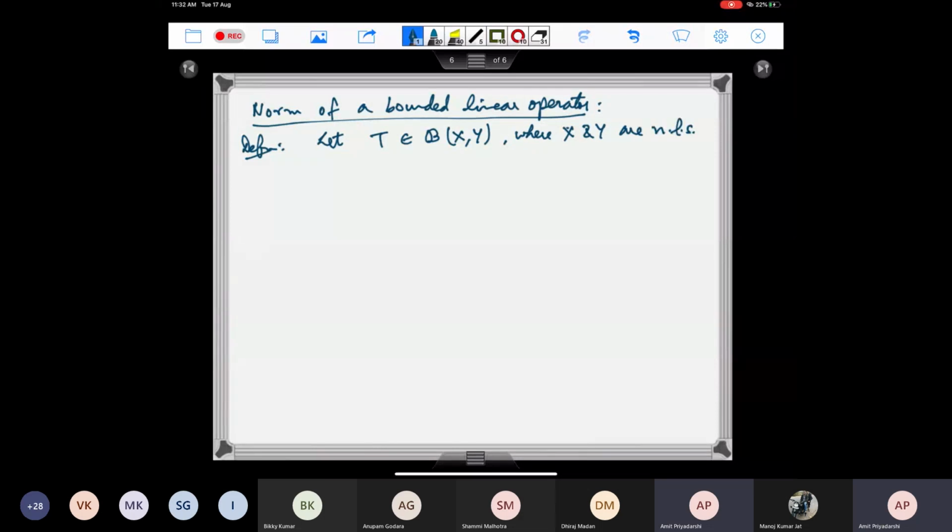We want to define its norm. So we define norm T equal to the supremum of norm Tx such that norm of x is less than or equal to 1.